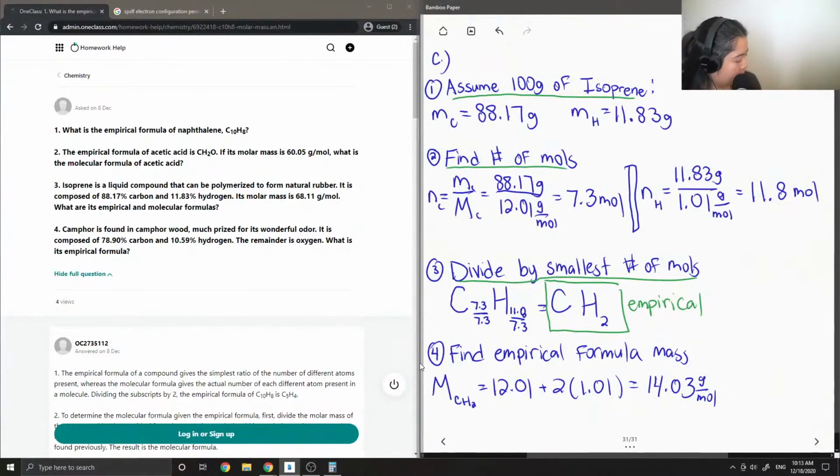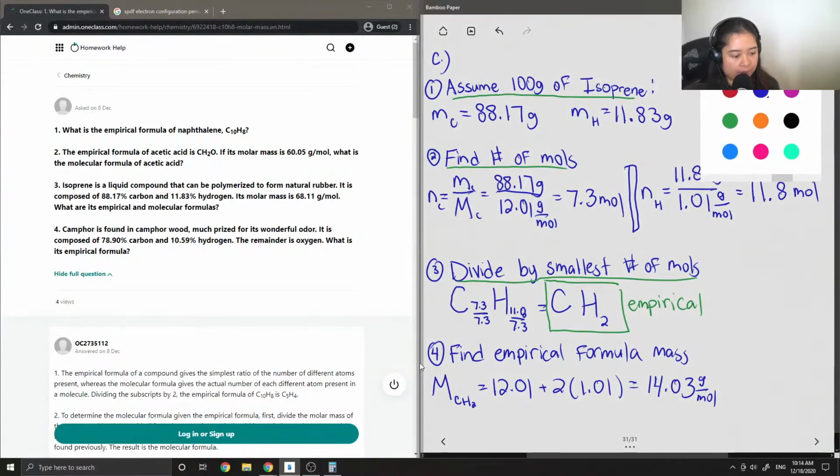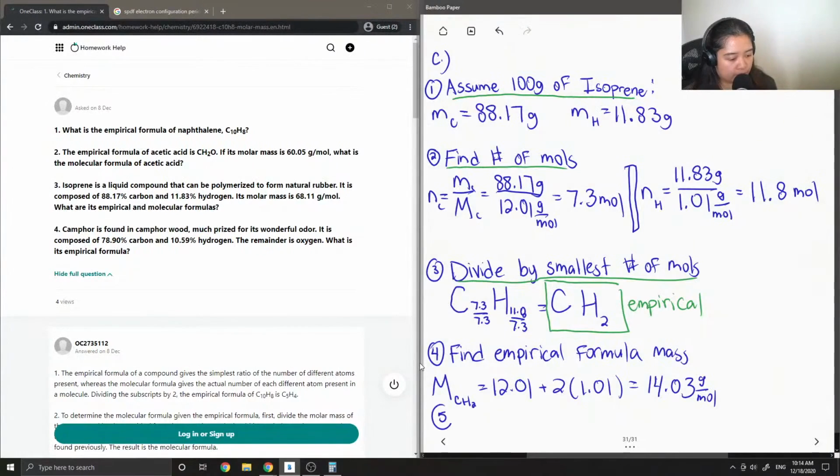Okay, so now let's look at its actual molar mass, which is 68.11. So now we just have to find the ratio.